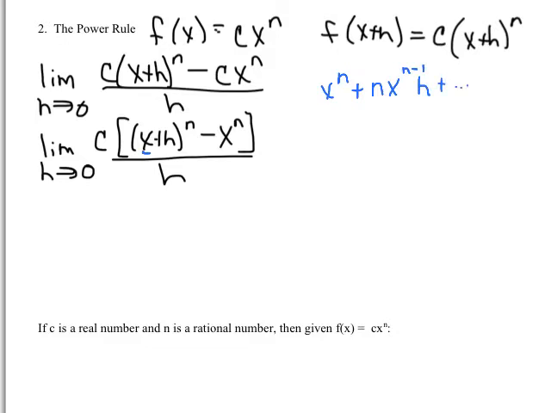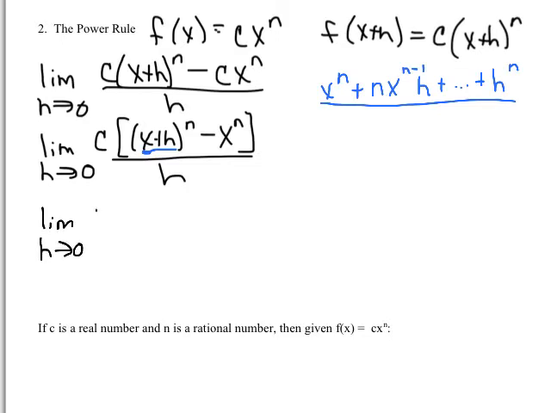Plus everything in the middle, till finally my last term is h to the n. If I'm going to put that expression in for x plus h to the n, again, it's a little nutty, but that's where this comes from.